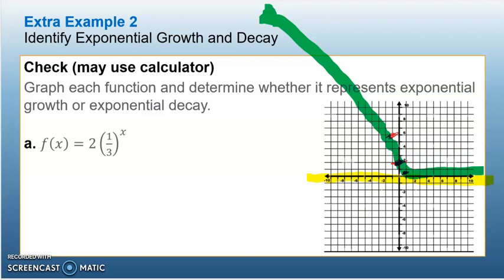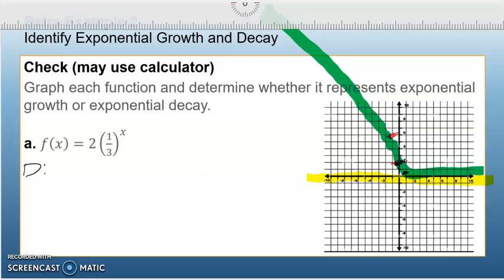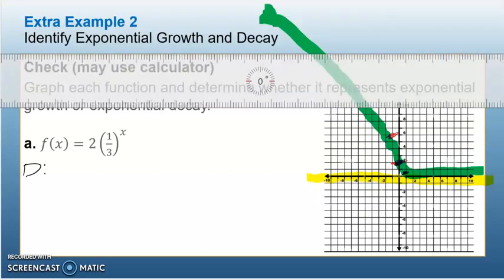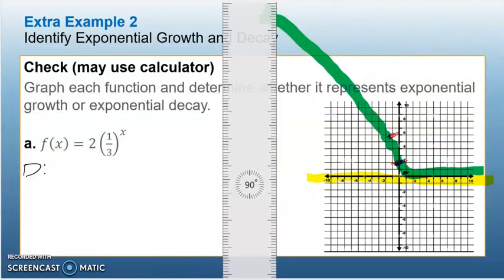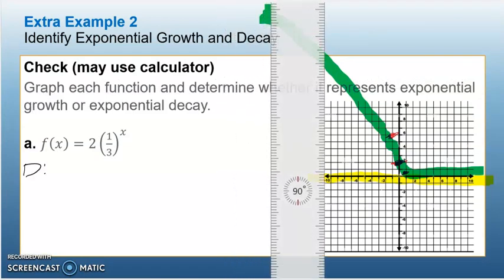Now the key features. This part is important for you to be able to identify. We want to do the domain first. I'm going to get a ruler out here. With this ruler, I need to make this go across the x-axis, and when it's crossing the x-axis, I want to see, does it touch the green line?